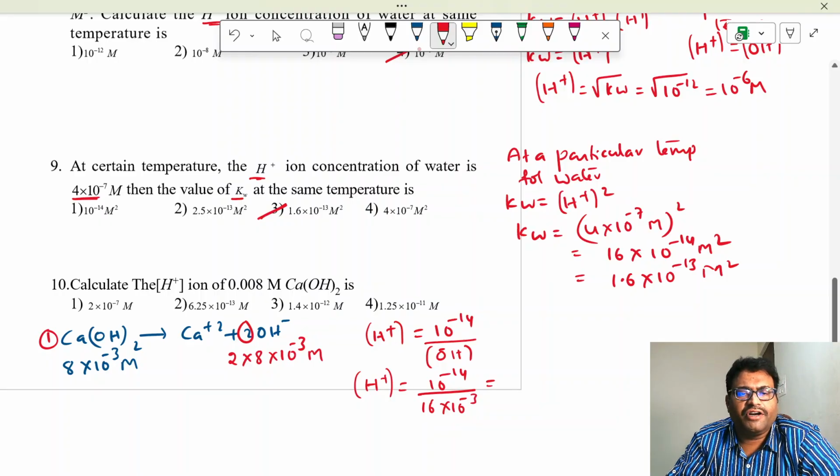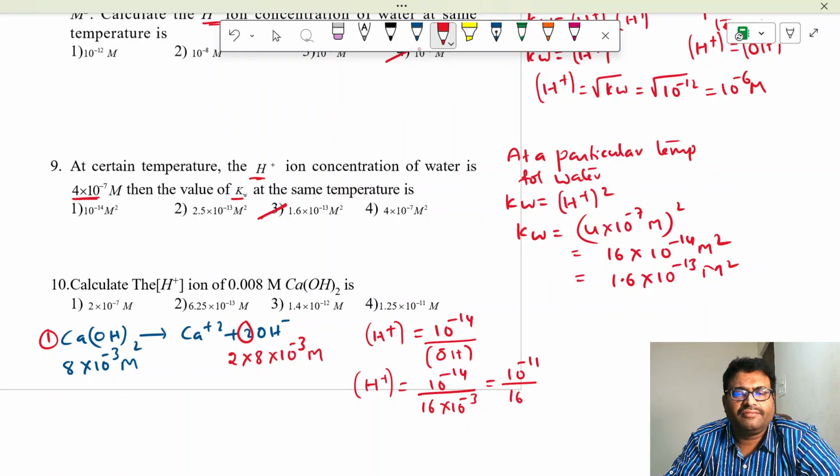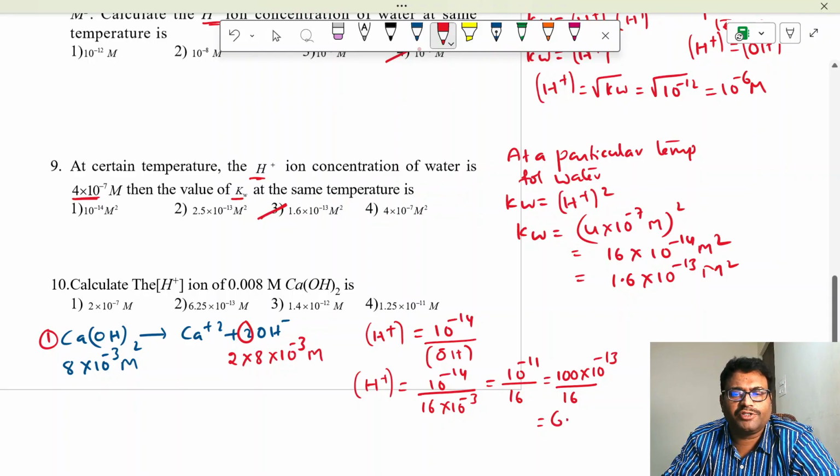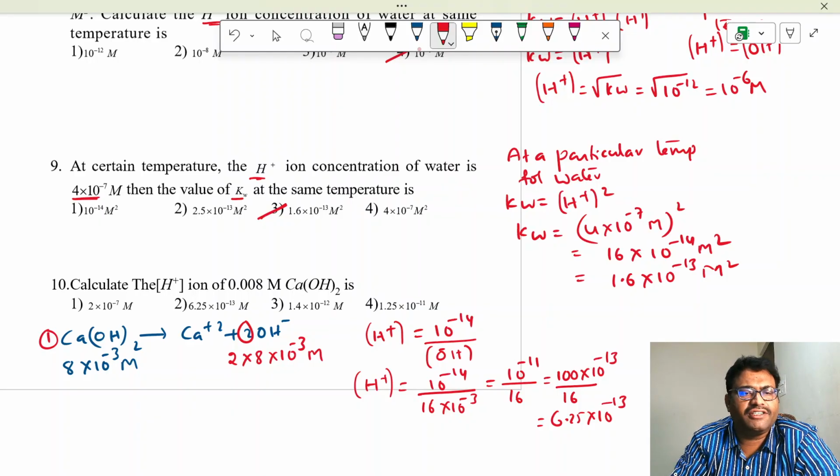Then what do you get? 10 power minus 11 by 16. I can write 100 into 10 power minus 13 by 16. So what do you get? 6.25 into 10 power minus 13. So this is the answer, molar. Understood how to solve?